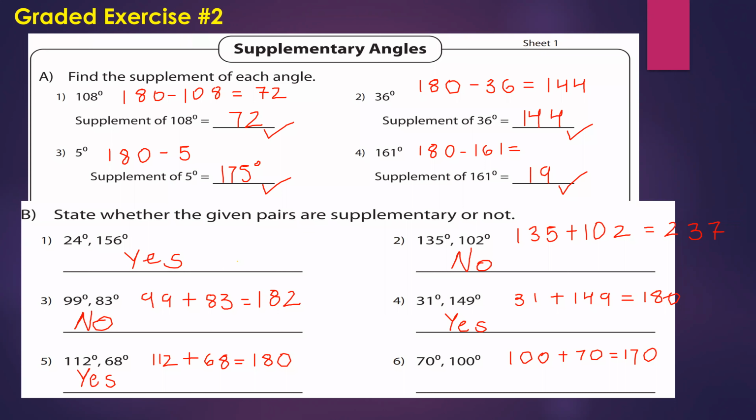It's a no. Very good. 170 is not equal to 180. So for it to be supplementary angles, they must add up to 180 degrees. Okay, that was last week. Last week we looked at supplementary and also complementary angles.